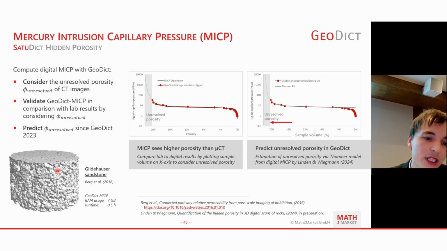For example, for the Gildehauser sandstone, we have well-resolved pores, but due to the partial volume effect, not the complete porosity that is there is displayed in the simulation. That is where the Tomer fit comes in, which can then predict the unresolved porosity based on an MICP simulation. I think it is not displayed here for the Gildehauser, but in this case, the unresolved porosity would be between 2 and 3% of the whole porosity.